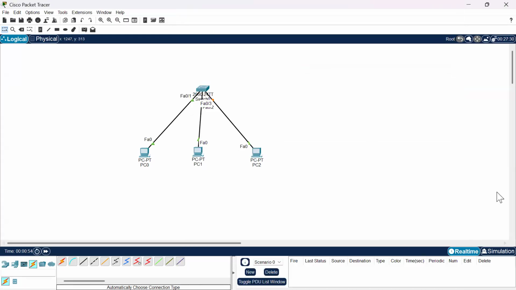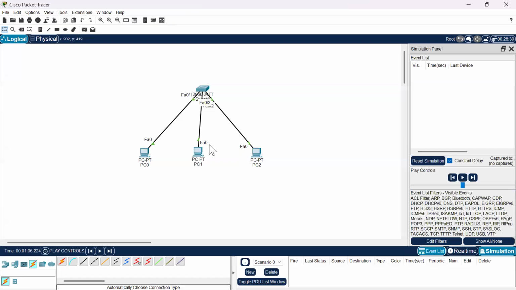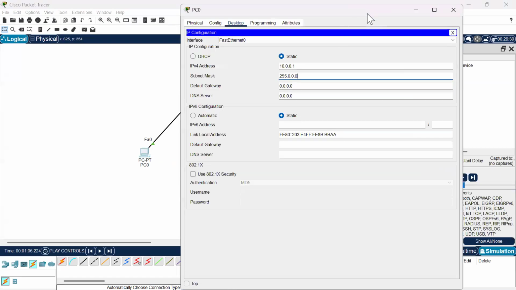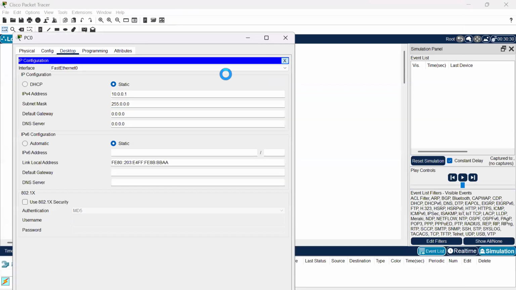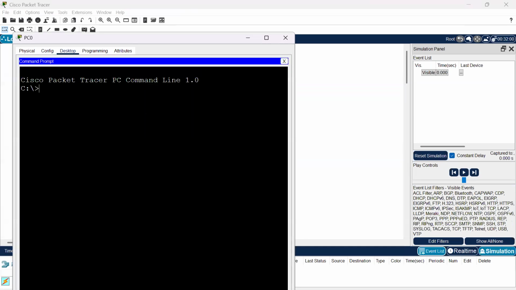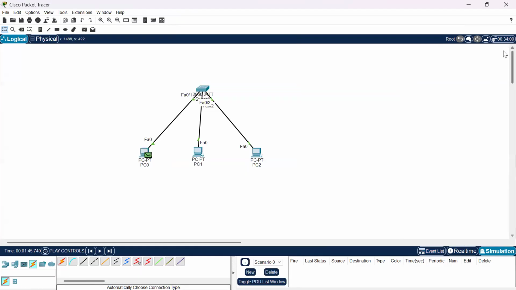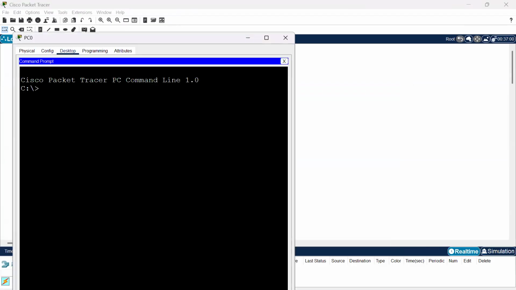Okay, now come to the simulation mode. Then come to this first PC. Come to the command prompt, ping. Come to real time first. Ping 10.0.0.3.